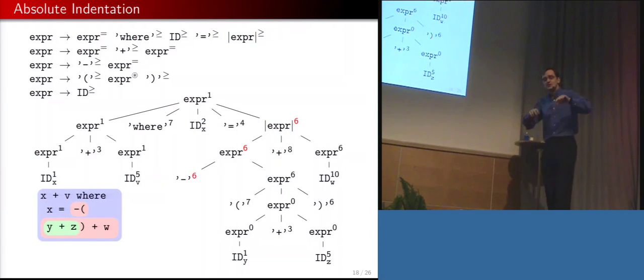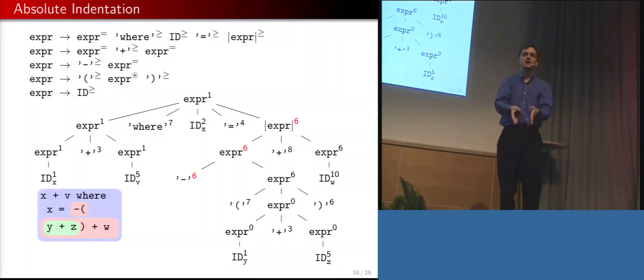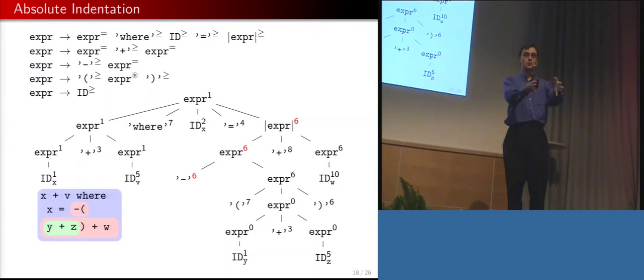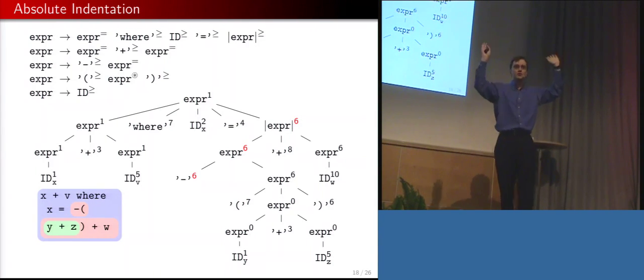What that means is that down the leftmost path to the first token, all of those terminals and non-terminals must have the same indentation as each other. So in this case, this forces that right-hand side of the equality to actually be at indentation 6, so that it matches the indentation of the minus token, instead of being at something like 3 or 2 or whatever.